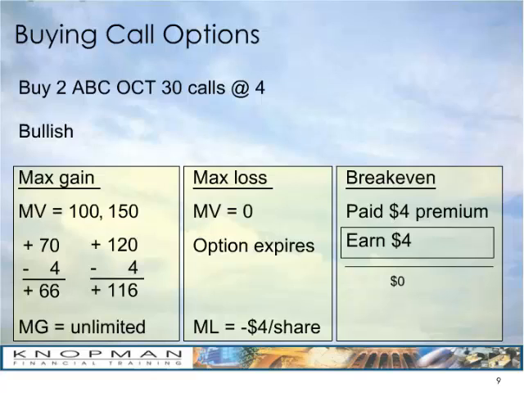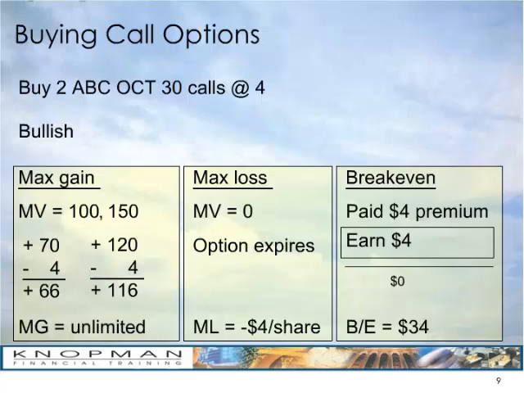And if we're bullish, which way do you need the stock to go to profit? You need it to go up. So the break even is 34, because if it goes up $4, you will offset that $4 premium that was paid to open the position.